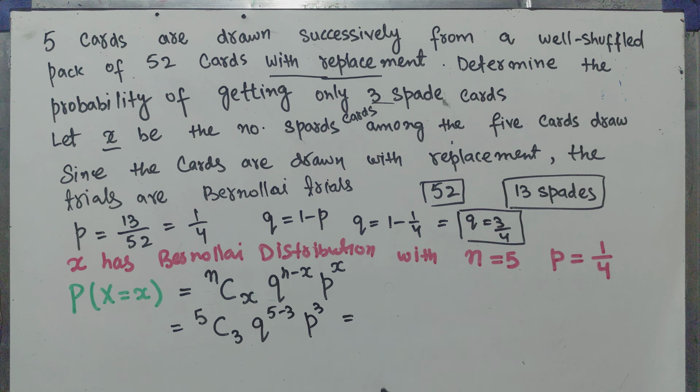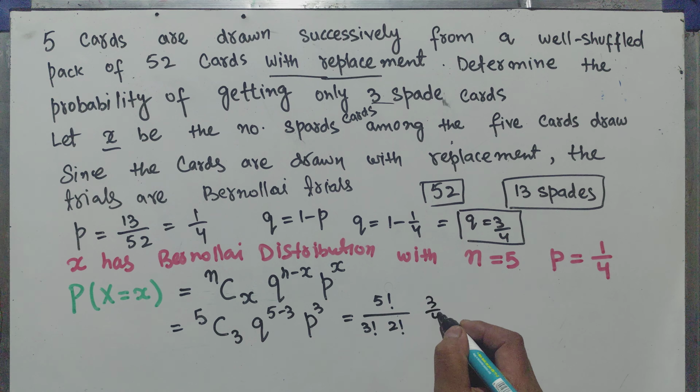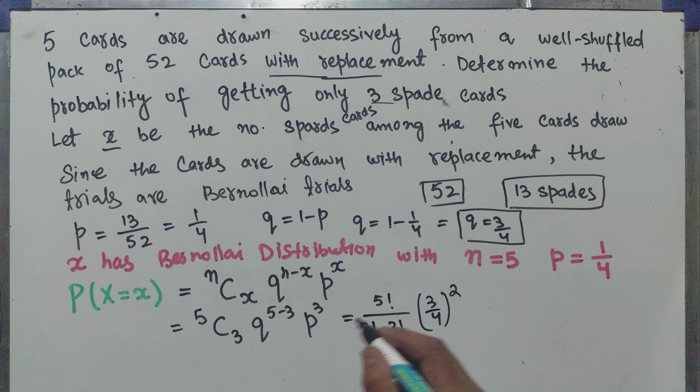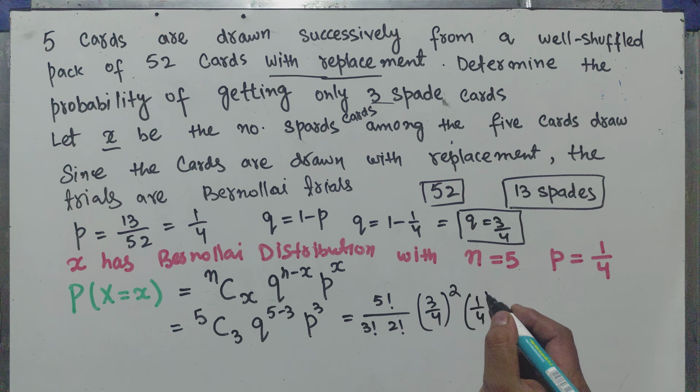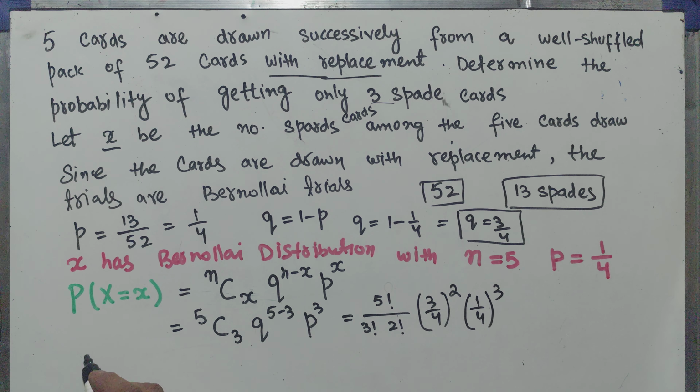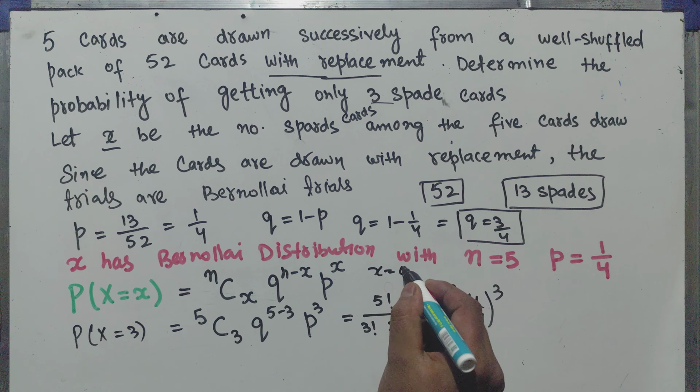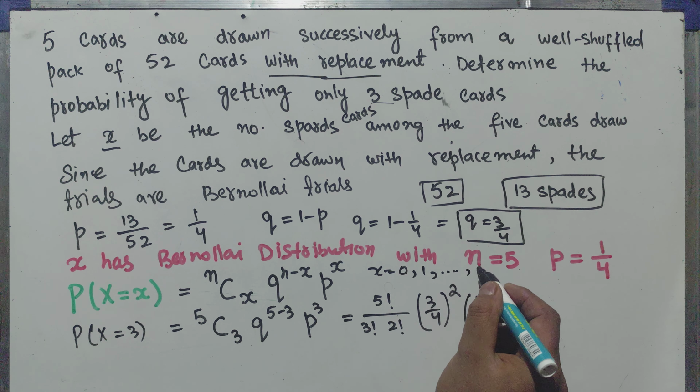Which implies we can write it as 5 factorial divided by 3 factorial times 2 factorial, Q is 3 upon 4 raised to the power 2, and P is 1 upon 4 cubed. Here we have the probability of X equal to 3.